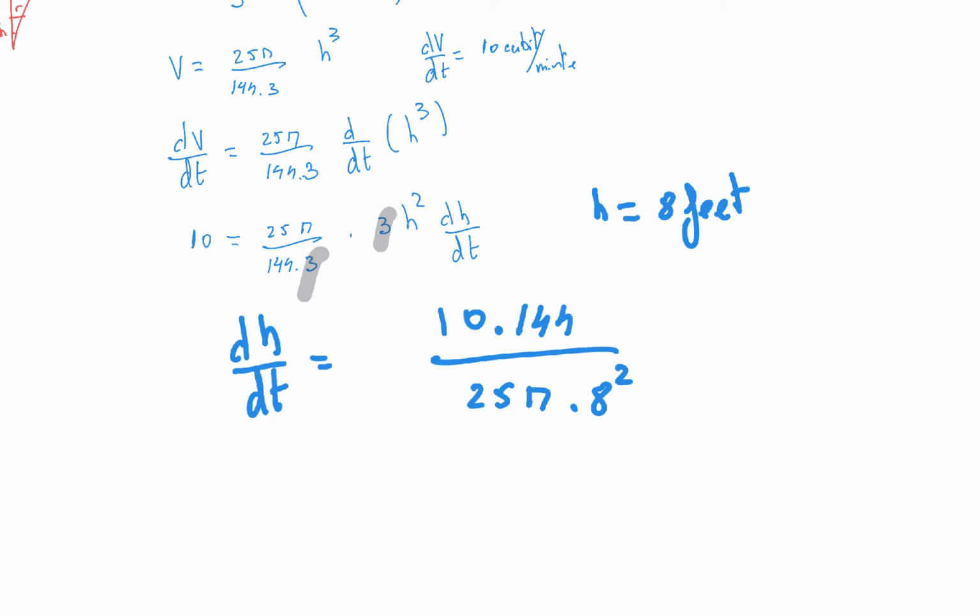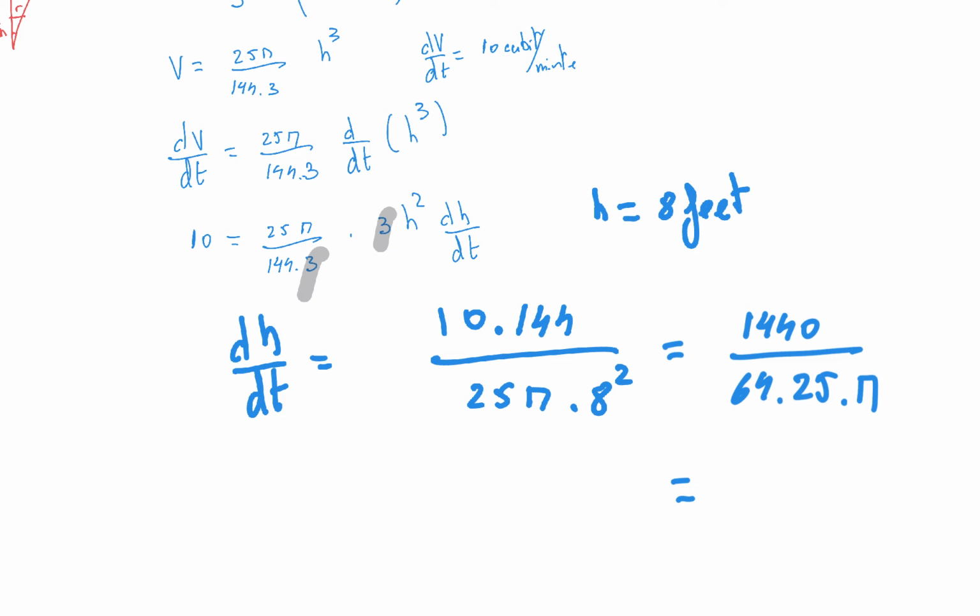So how much will it be? Let's calculate. Approximately, you can do it. It will be 1,440 divided by 25 pi times 64.